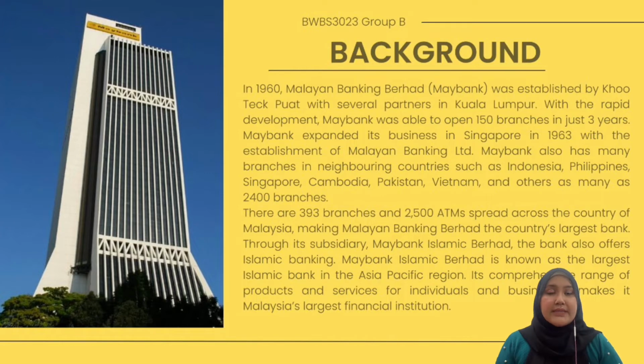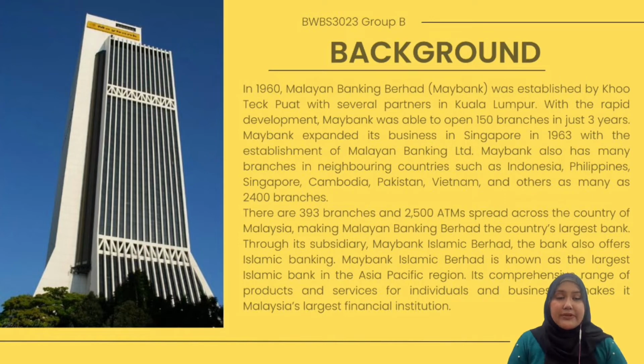Maybank also has many branches in neighboring countries such as Indonesia, Philippines, Singapore, Cambodia, Pakistan, Vietnam, and others, as many as 2,400 branches. There are 393 branches and 2,500 ATMs spread across Malaysia, making Malayan Banking Berhad the country's largest bank.